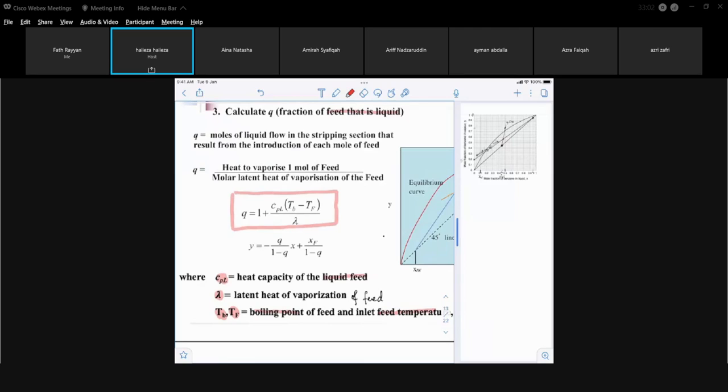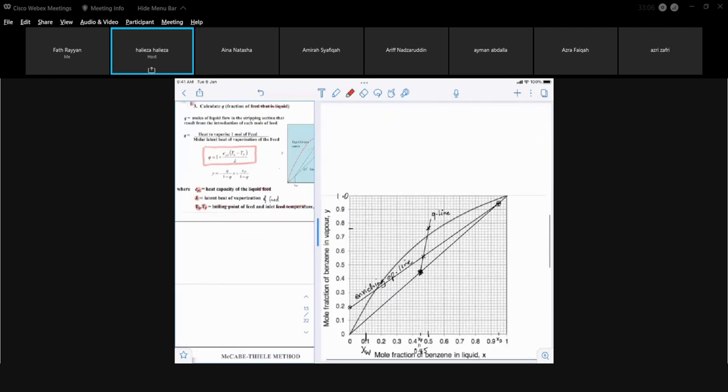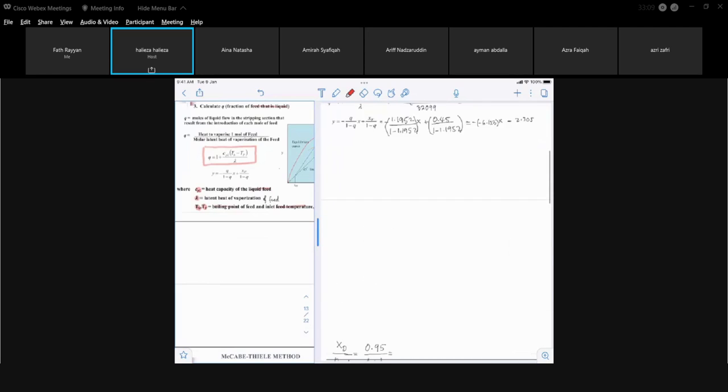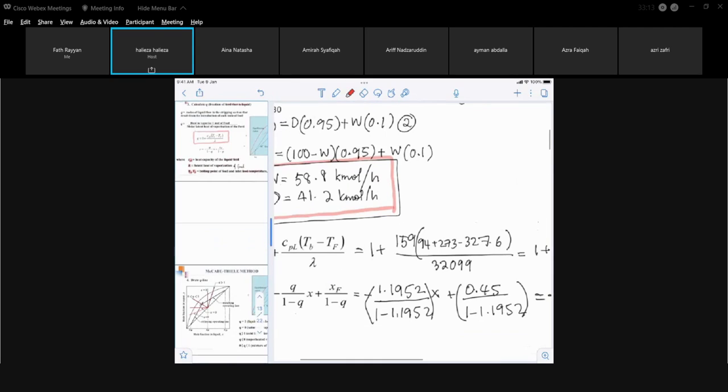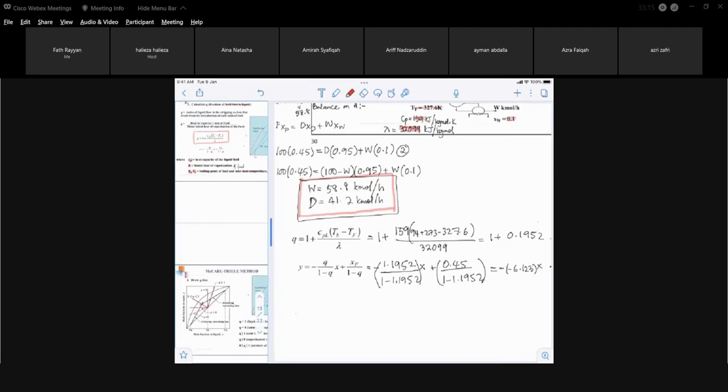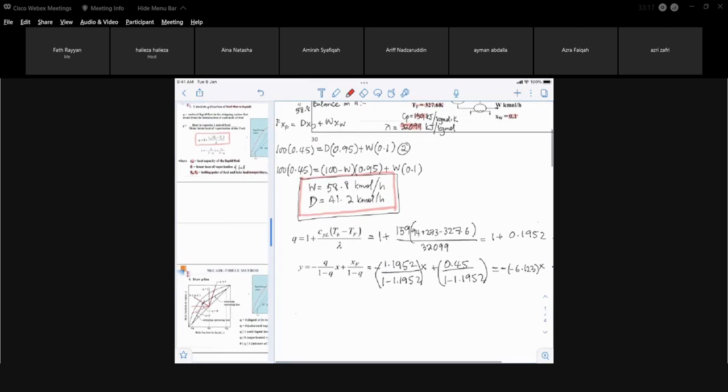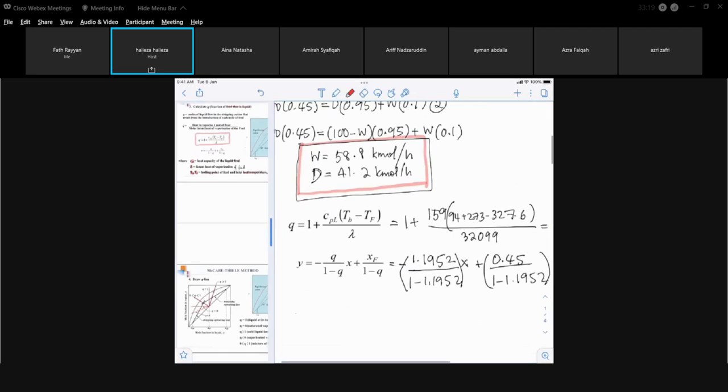If you substitute the values inside the equation, which we have already done before the break, this is the equation that we use to calculate q.